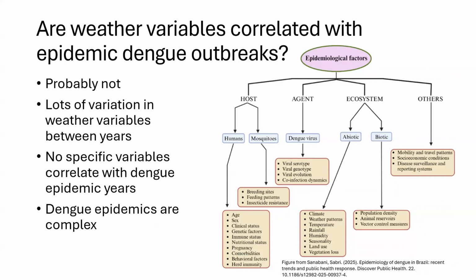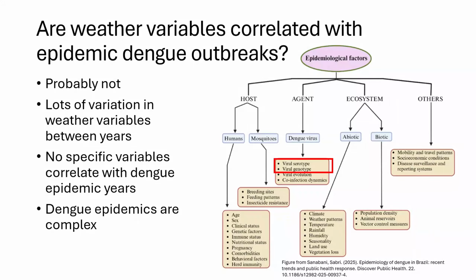And I think I want to draw attention at this point to the fact that dengue epidemics are very complex, right? So we're looking at weather patterns and climate as one of our explanations for dengue epidemics. But there are other things that could be explaining dengue epidemics in the region. One of them being viral serotype. Dengue is a strange virus in that it has 4 or 5 different serotypes.